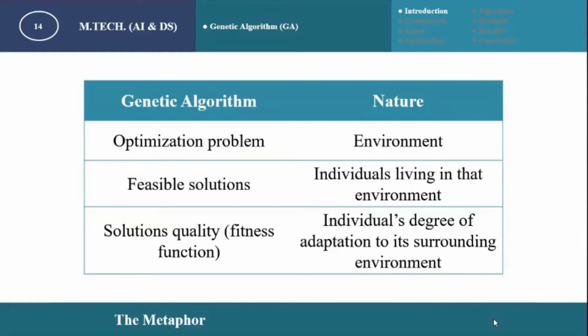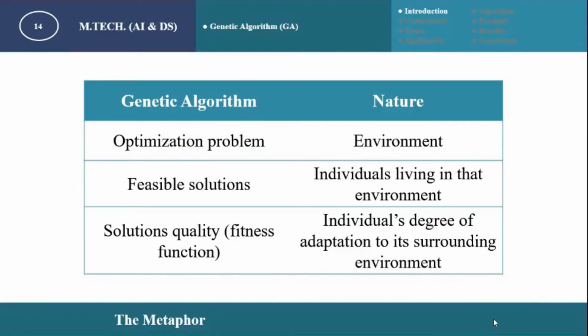So the main terms involved in genetic algorithm and the corresponding terms in nature, some of these things we have already seen in the evolutionary computation part, and I'm explaining it again with respect to genetic algorithm, the similarity between genetic algorithm and nature. The optimization problem is mapped to the environment in nature.